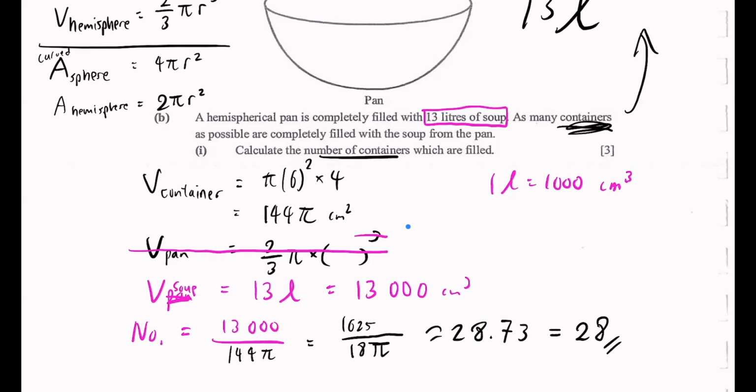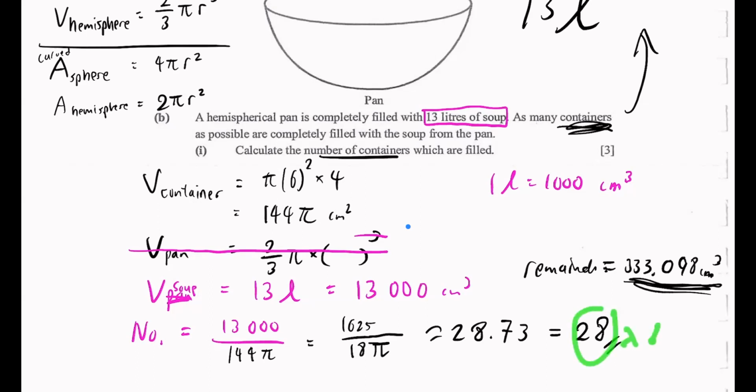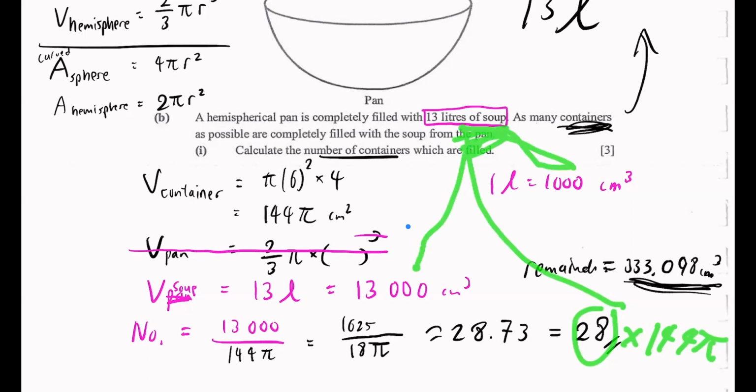That's actually a remainder. We will get a remainder of approximately 333.098 cm cube. Do you know how I calculated it? I just took 28 multiplied by the volume of each container, 144 pi, then subtracted it from the total, 13,000.